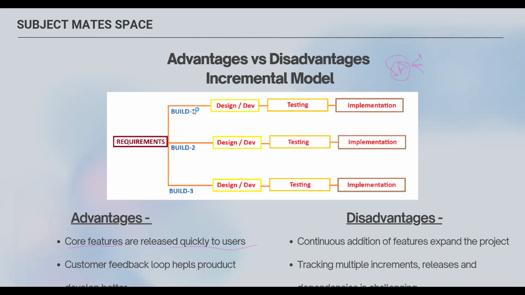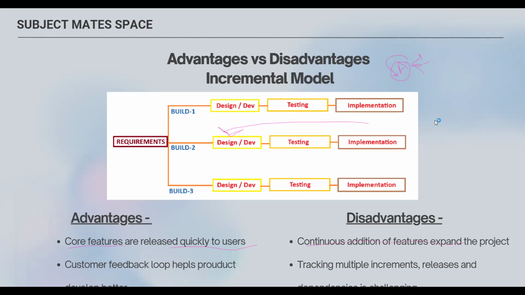Why? Because suppose now we have started build 2, we have done build 2. Now again A will come back and say, oh no, I want some additional features, please do it again. Again the whole process of SDLC will repeat. So it is a continuous addition that expands the project.